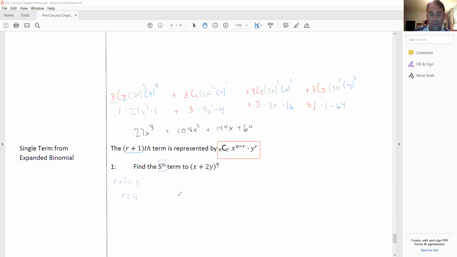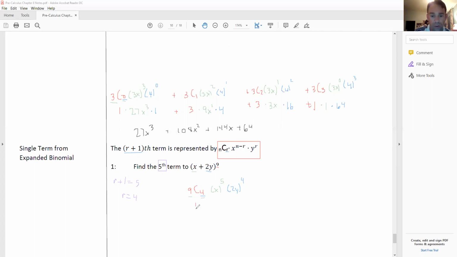So the fifth term in this expanded polynomial is going to be 9c4 first term times x, and now we're going to subtract the exponent, or subtract the n and the r. N minus 4 is 5. And this last term, the 2y, is going to have the exponent that is the last number.